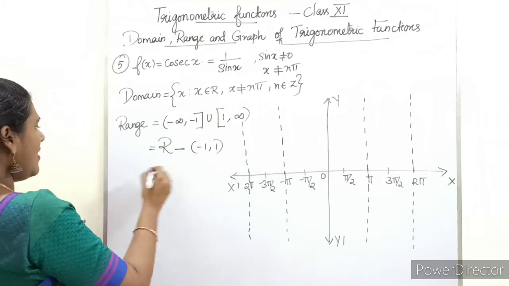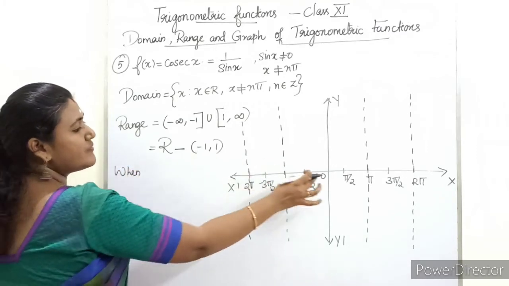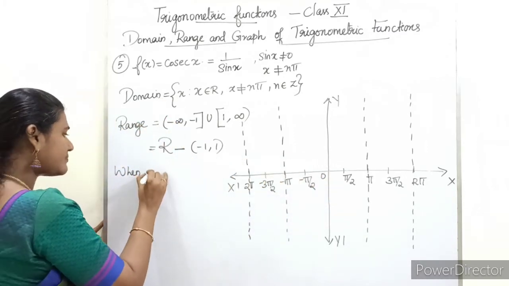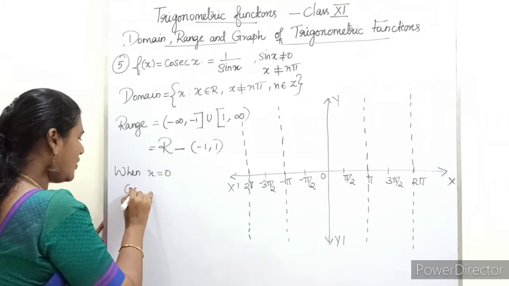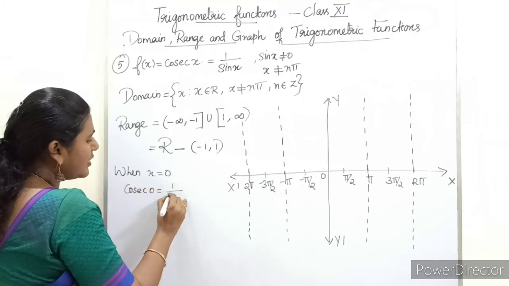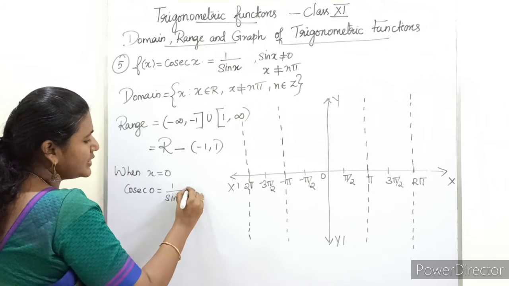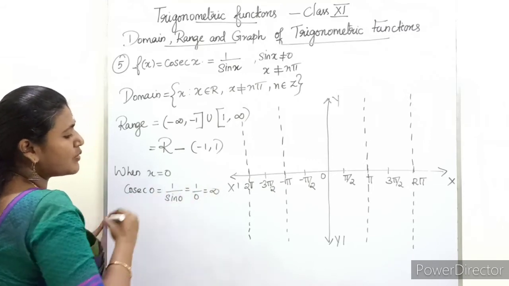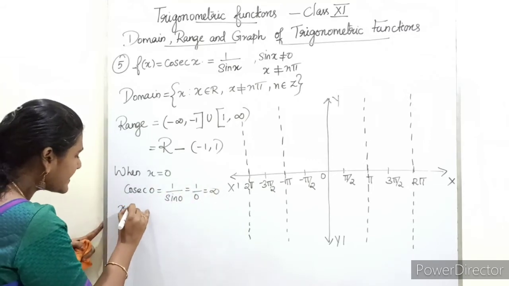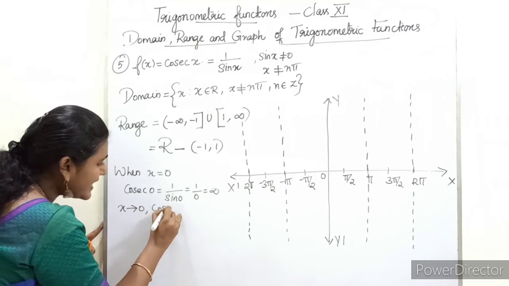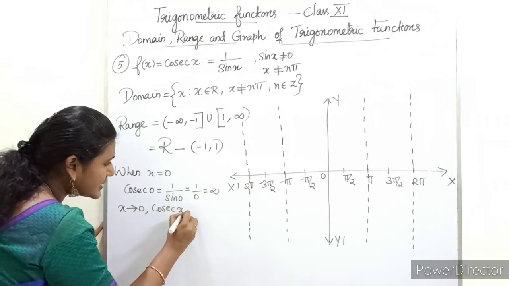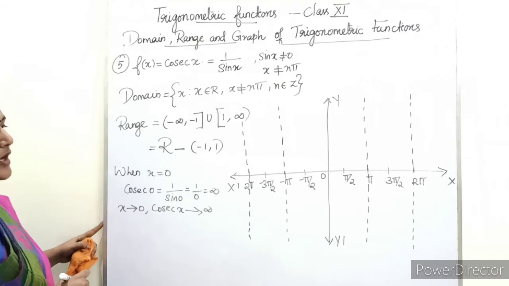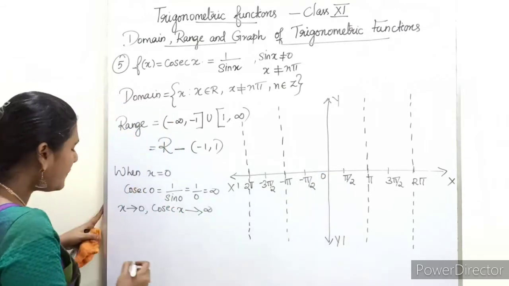Now for other angles we will see what is the function. When x is equal to 0, cosec 0 is equal to 1 by sin 0. Sin 0 is 0, so 1 by 0 is equal to infinity. So when x tends to 0, cosec x tends to infinity. Now we will see when x is equal to pi by 2.